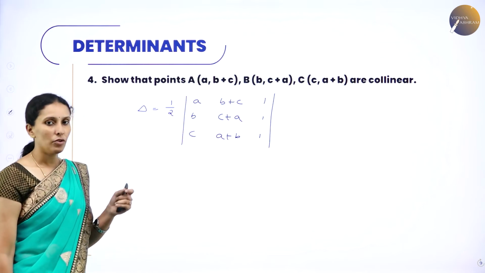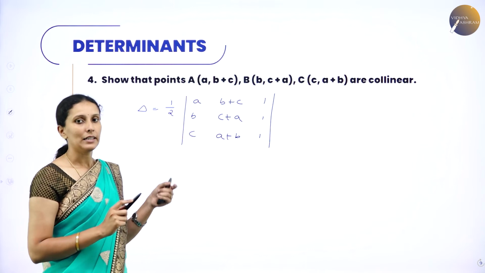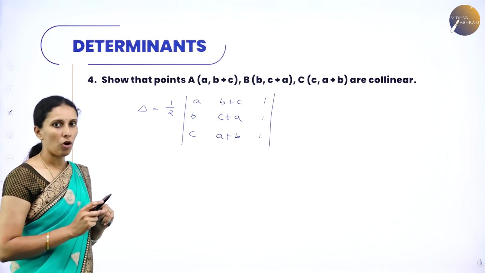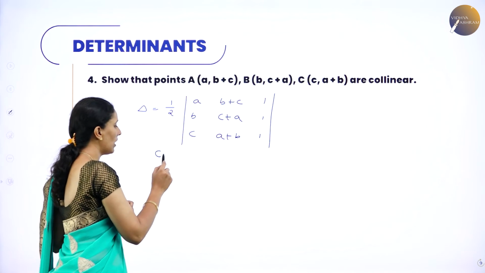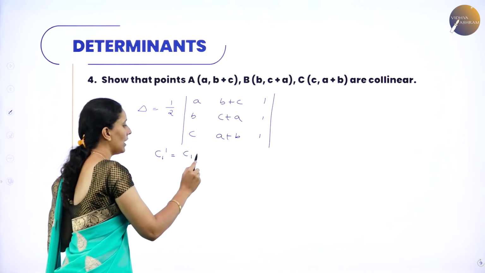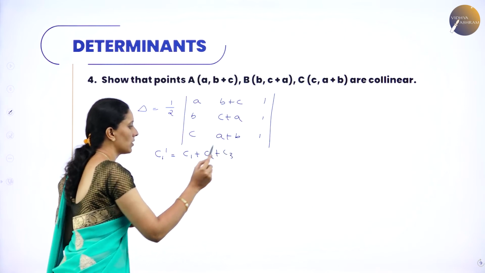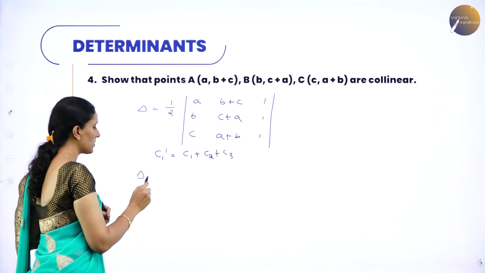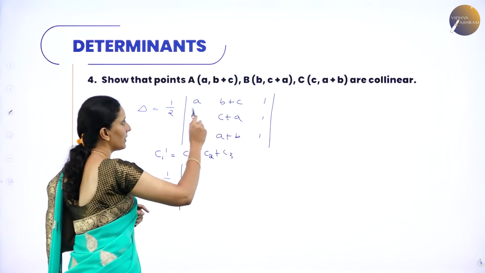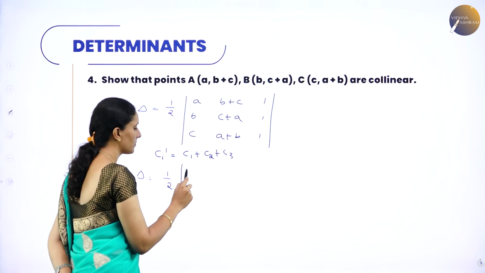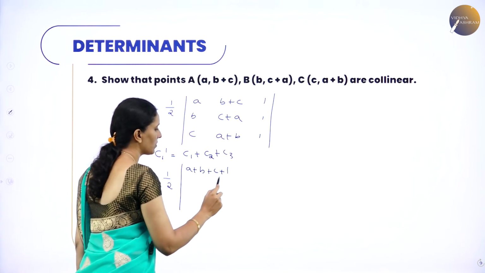Now, since the values are not given, we have only algebraic values. I am applying here the elementary column operation. See the column 1 here. I will change column 1 as the elements of column 1 plus column 2 plus column 3. Therefore, the delta becomes half of the determinant where the first column element is the sum of all. So, this becomes a+b+c+1.